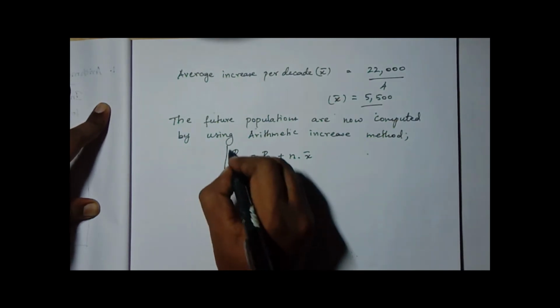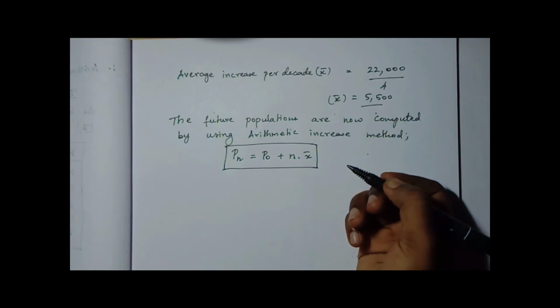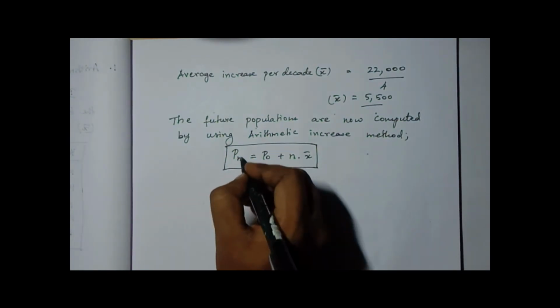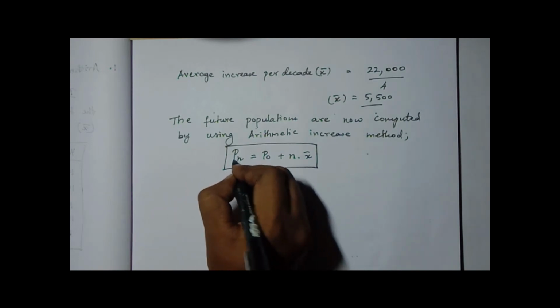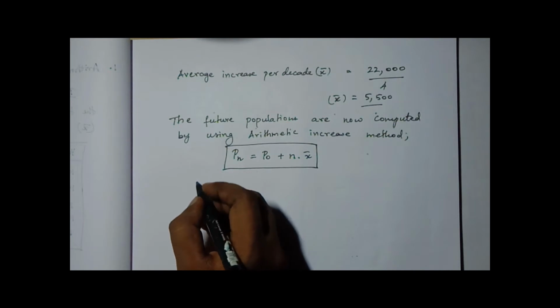So this is the formula which you have to remember for the arithmetic increase method. So let's see what we can input in this formula, so that we can find the population in further decades.